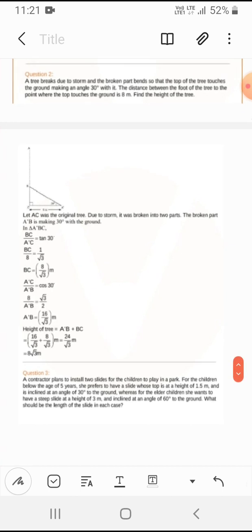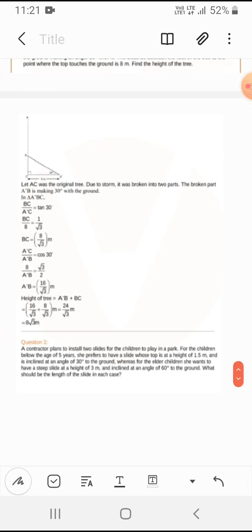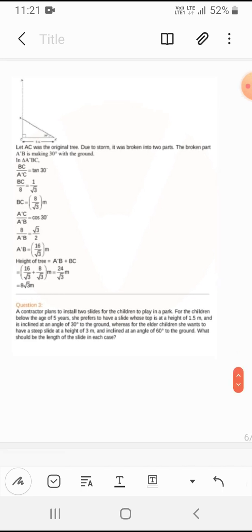So let's take tan 30 equal to 1 by root 3. Tan 30 is 1 by root 3, and BC by AC, where AC is 8. So BC is 8 by root 3, and cos 30 is root 3 by 2, giving 16 by root 3. Adding 16 by root 3 and 8 by root 3 we get the total, which is 8 root 3 meters. So like this you have to solve.